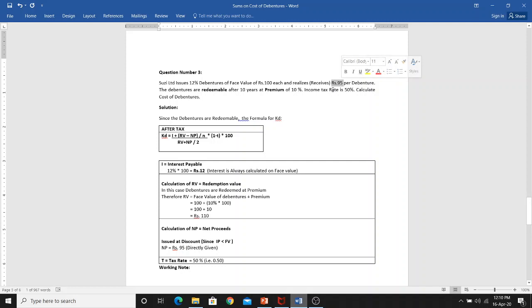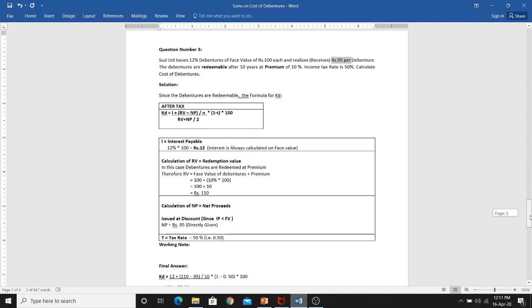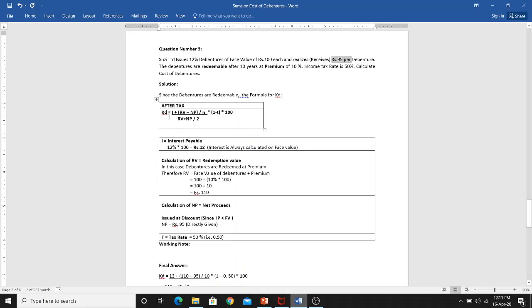Obviously, it is issued at discount, because the issue price is less than the face value. So the discount is 5 rupees. Here they have directly given 95 rupees as the issue price. That is net proceeds. So what is going to be the formula? KD equals I plus RV minus NP divided by N, the whole divided by RV plus NP divided by 2, into 1 minus T, into 100.